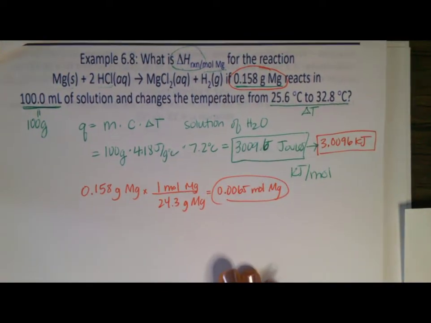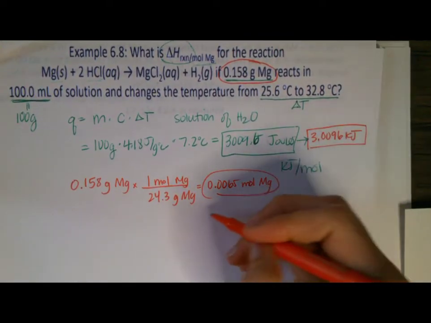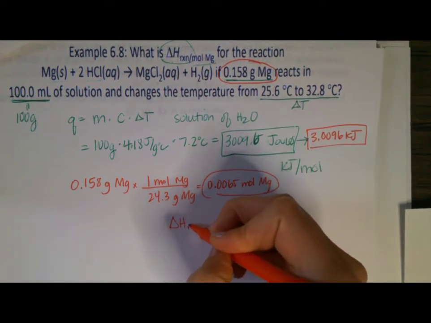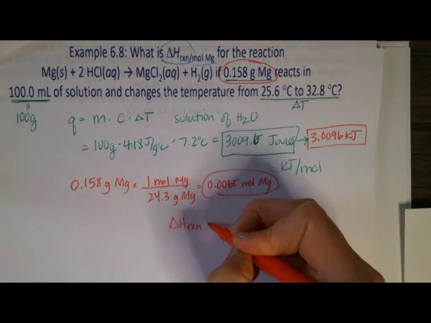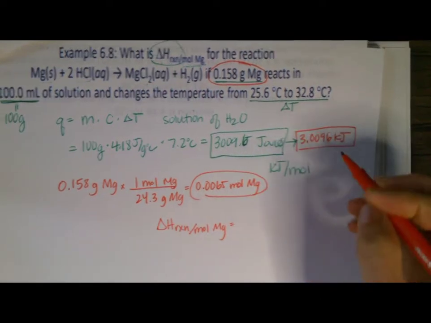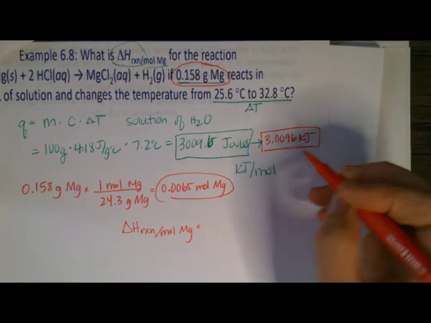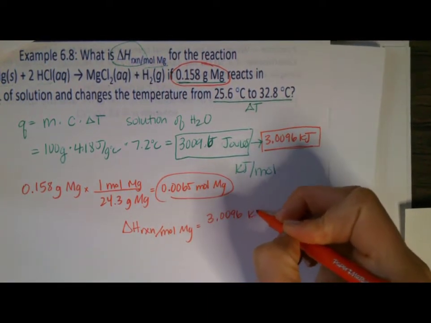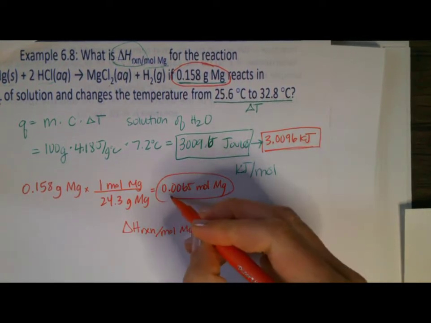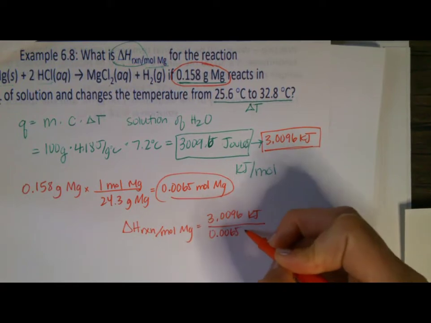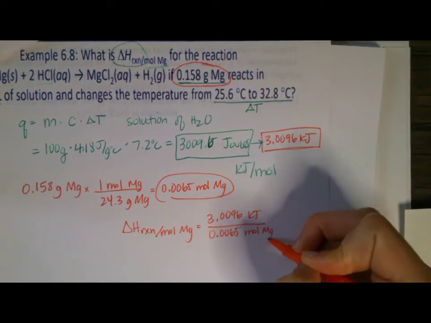All right, now I just need to put these two together because my delta H for the reaction for every mole of magnesium is my Q, my 3.0096 kilojoules divided by my answer, 0.0065 moles of magnesium.